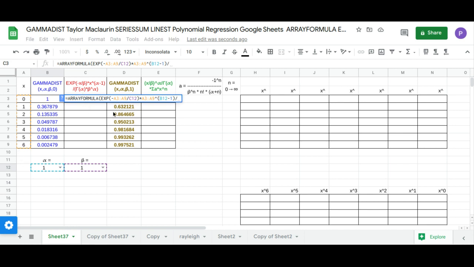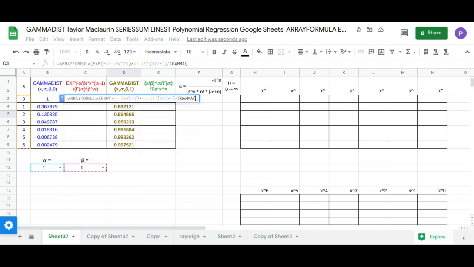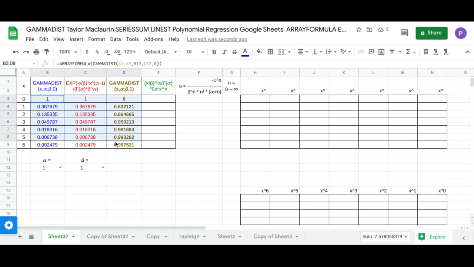The first part is gamma alpha. The second part times beta to the power alpha. So beta raised to the power alpha. And enter. Their values are exactly the same.